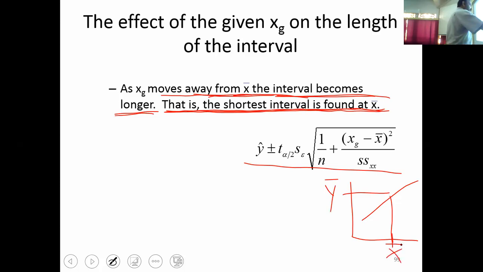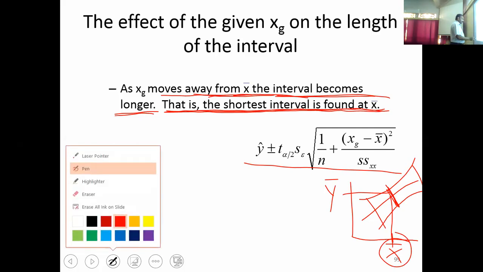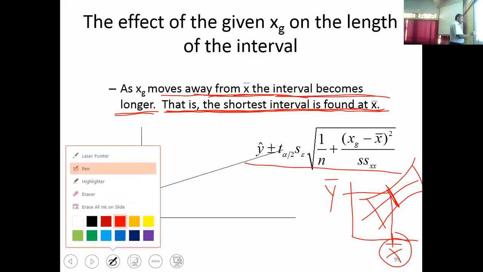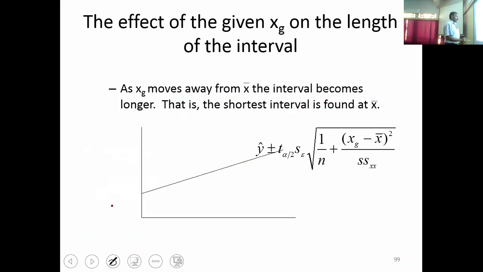So the interval is shorter at the level of x bar, and the interval is longer if you go either way, above the x bar or below the x bar. So this is what we are going to look at. I will erase this, otherwise it is confusing.